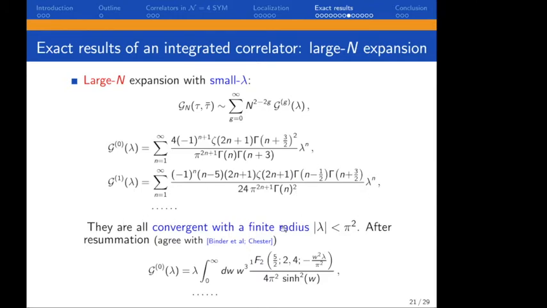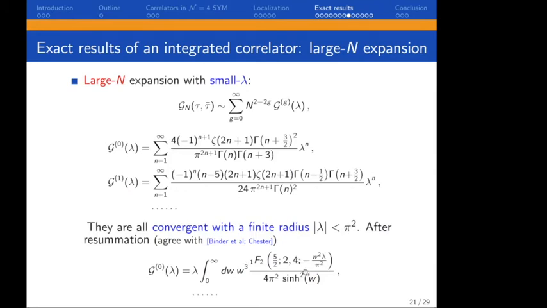I emphasize here that those series are in fact convergent, with a finite convergence radius at lambda smaller than pi squared. Lambda again is the 't Hooft coupling, and since they're convergent, you can just resum them. For instance, for G0, the leading one, the resummation result is given here.